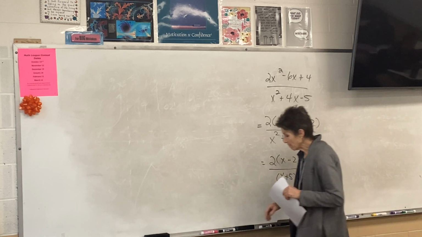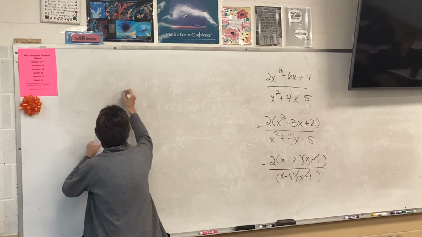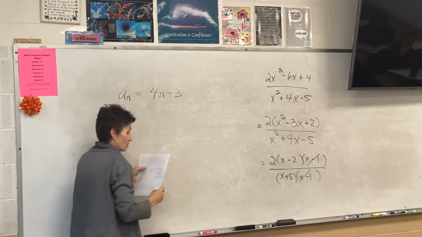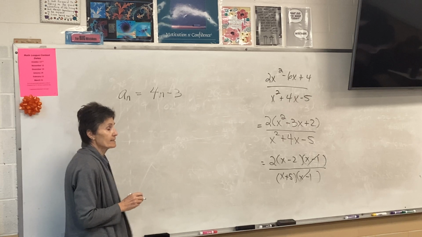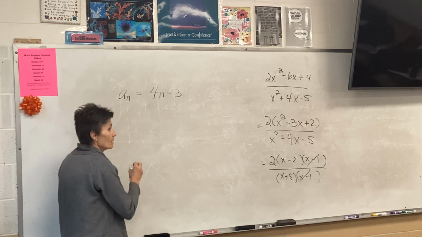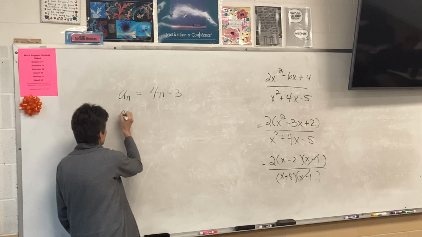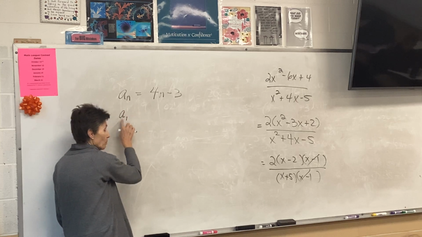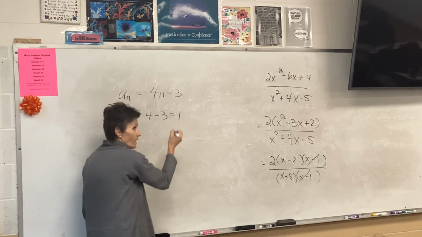Okay, so example 1. Consider the sequence defined like this. Let n be 1. What does this say if n is 1? It says a sub 1, that's a subscript, equals 4 minus 3, or 1.